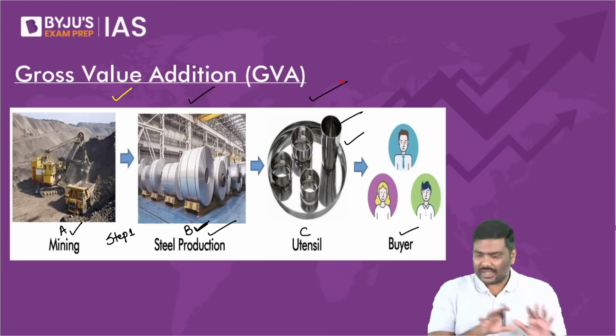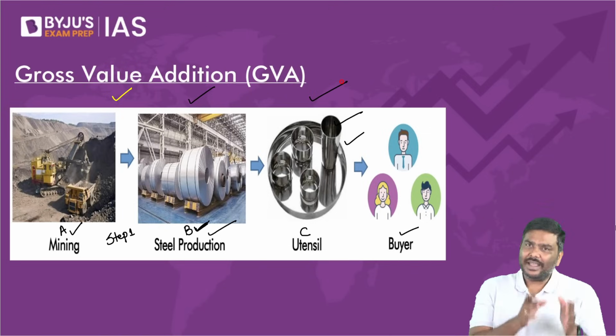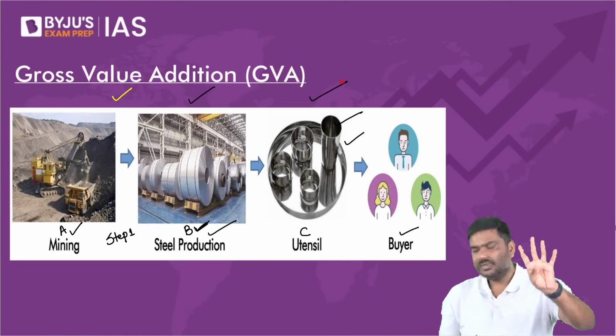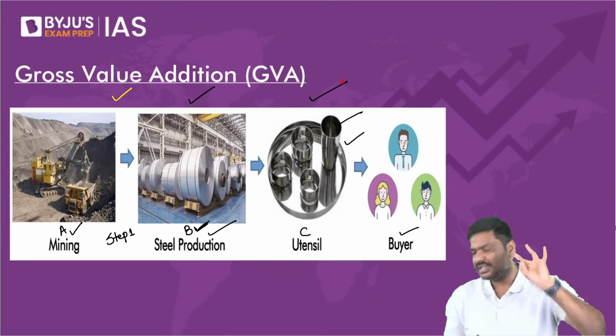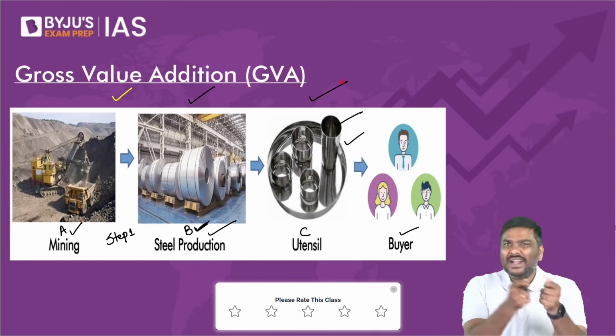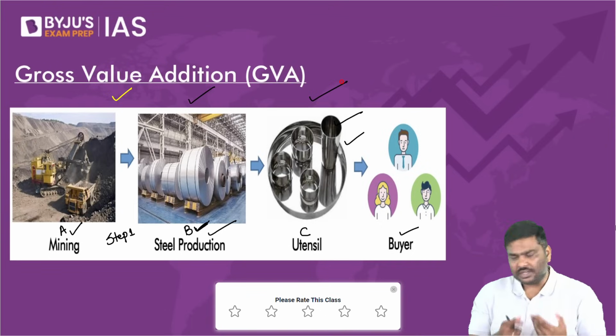And have a look at this. Next important point. Don't you think every company, take for example company A, company B, and company C, can I say all the companies are adding certain value to the economy?